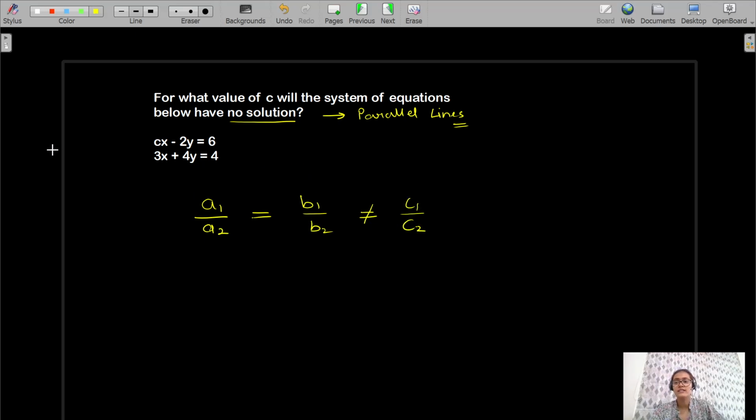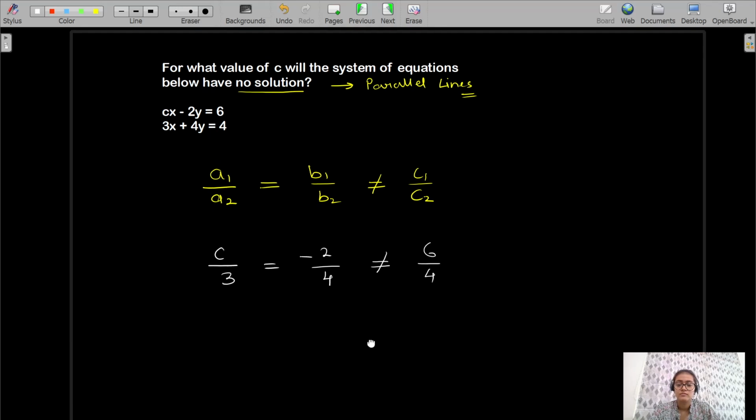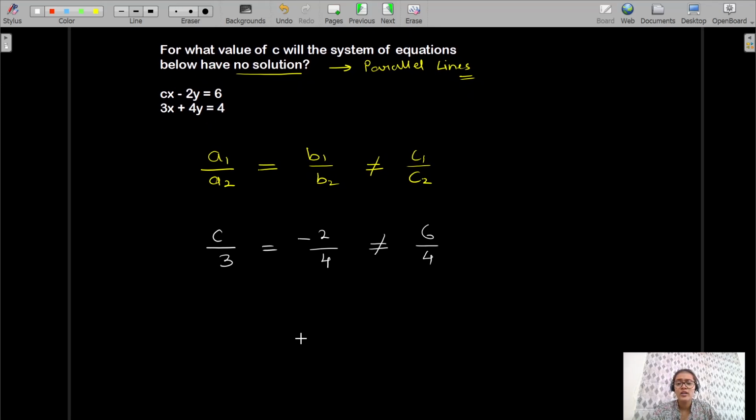So let's do this. a1 over a2 gives us C over 3. This should be equal to the ratio of b1 over b2, which is negative 2 over 4. This should not be equal to 6 over 4. And you can easily get the value of C from the first two ratios.